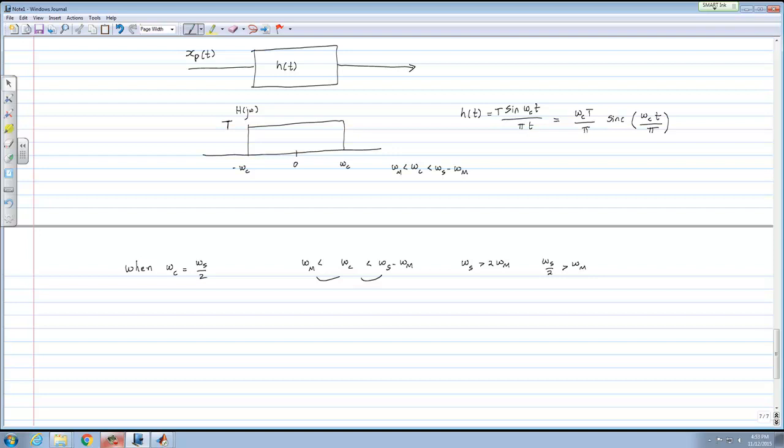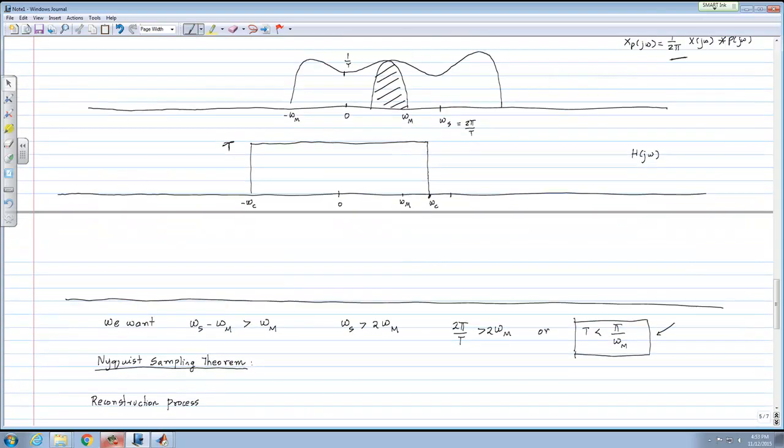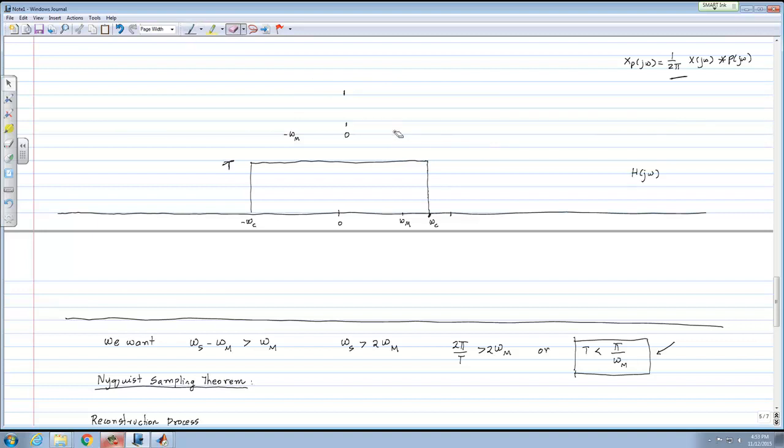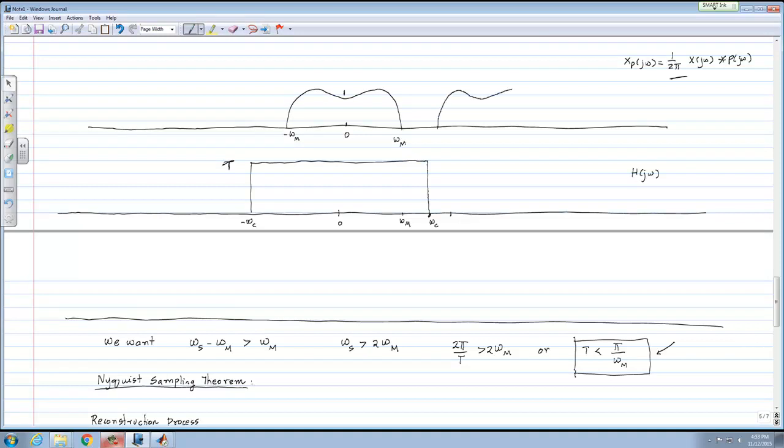Does that make sense? So pictorially, all it's saying is this: if things look like this, here is omega m, here is omega s, here is omega s minus omega m.